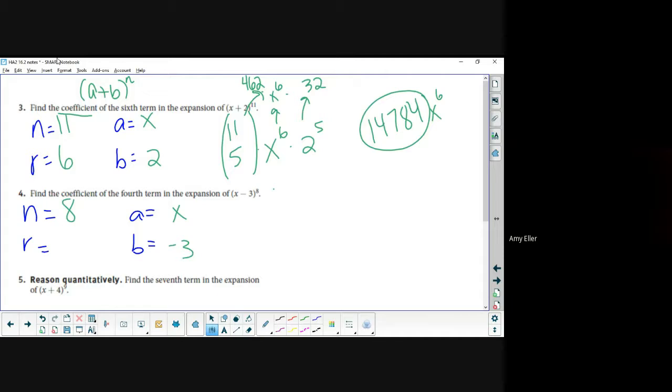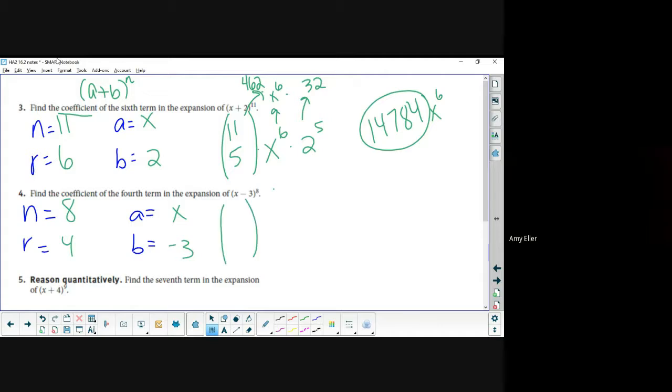A is X. B is -3. R, let me read. Find the coefficient of the 4th term. So R is 4. Those are all the variables we need to plug into your equation. So go ahead. Some of you are already doing this.